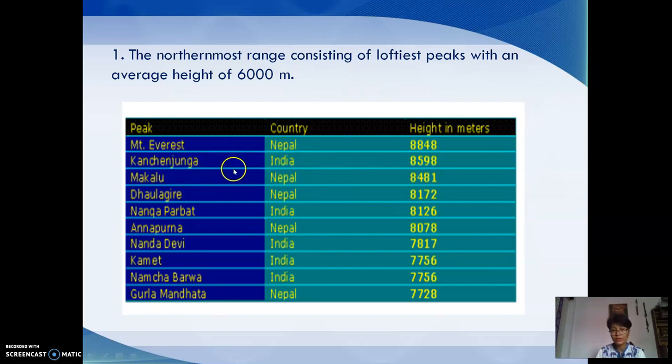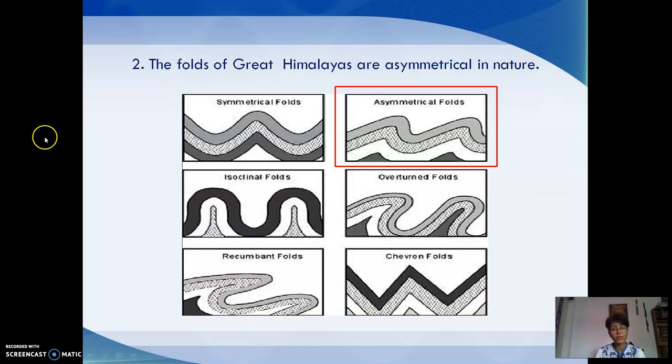So the highest peak in our country, if the question comes, then you have to write Kanchenjunga, not Mount Everest. In this way, Makalu, Dholagiri, Nanga Parbat, Annapurna, Nanda Devi, Kamet, Namcha Barwa, and Gurla Mandhata are the peaks which lie over Himadri.